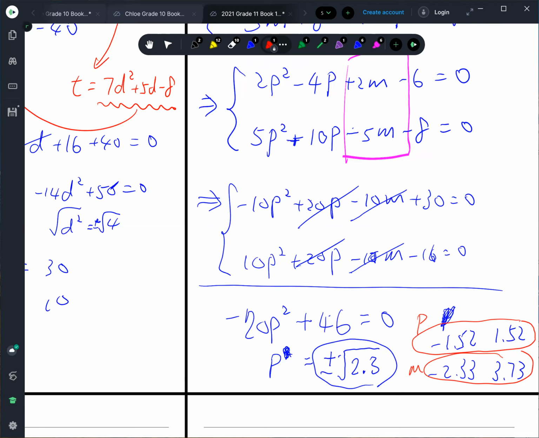You plug in one at a time. Use the positive p to plug it in, you will get an answer for m.